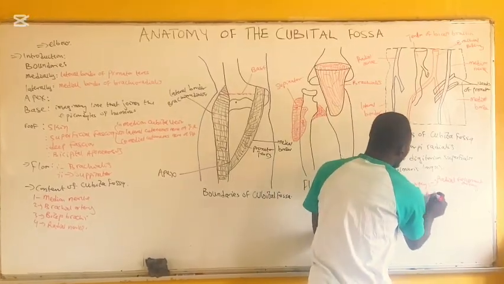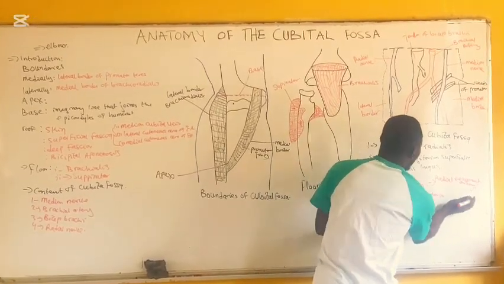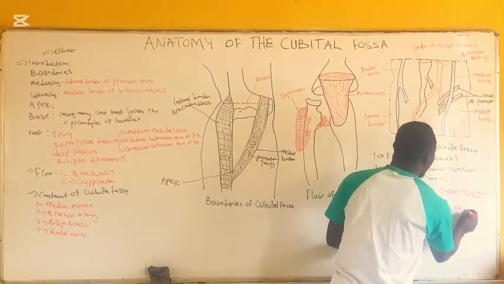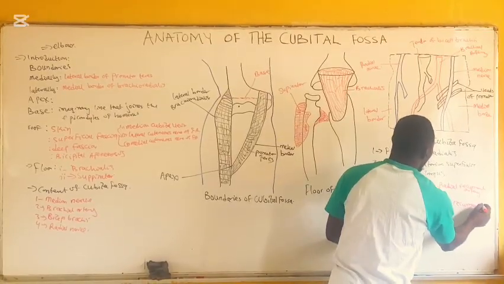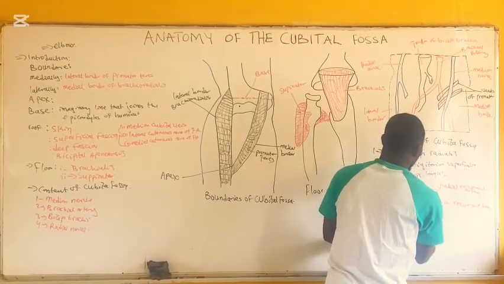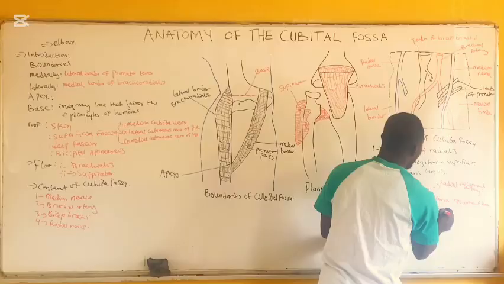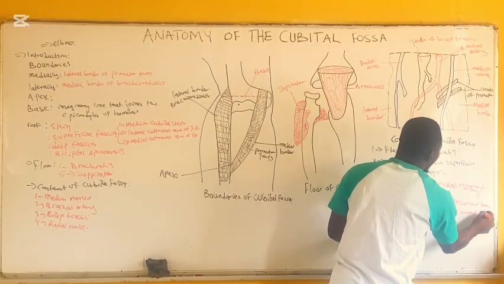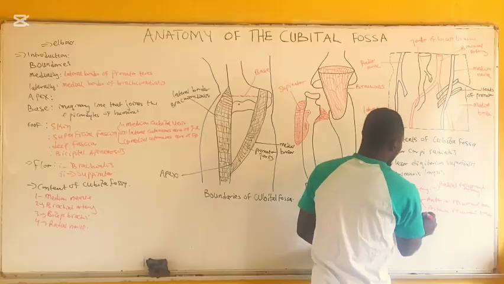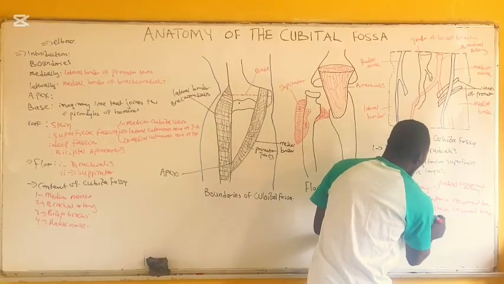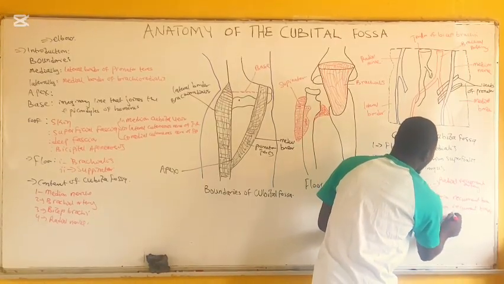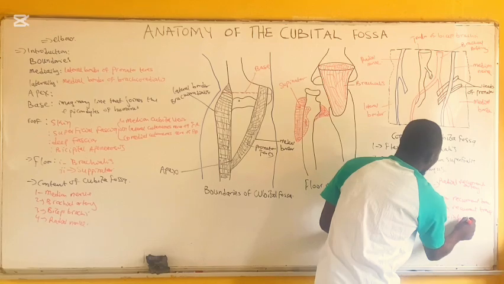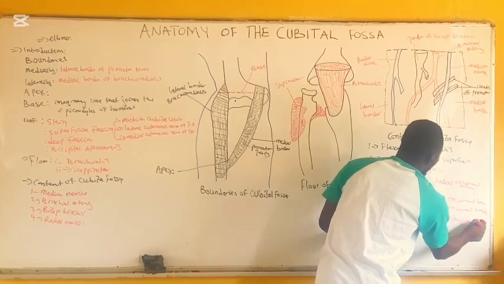1. Anterior recurrent branch. 2. Posterior recurrent branch. 3. Common interosseous branch.